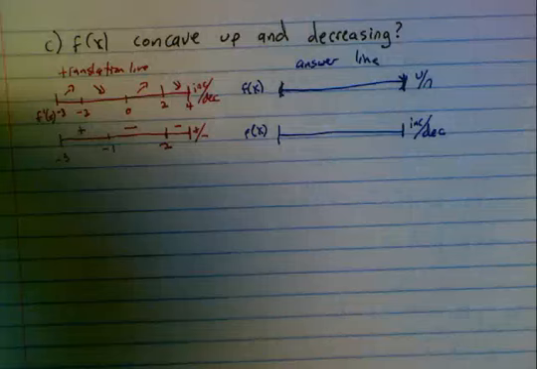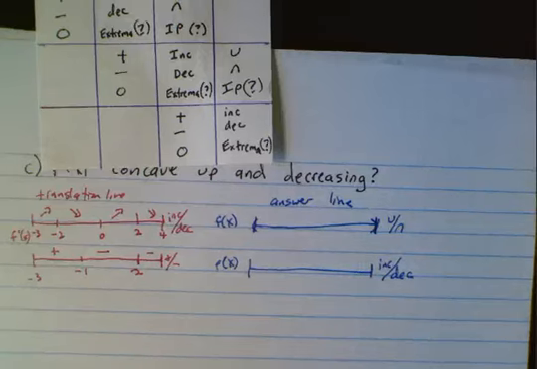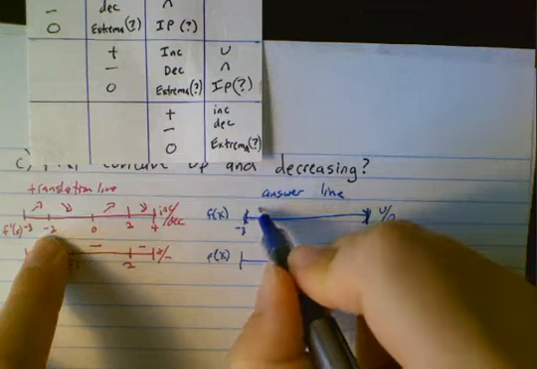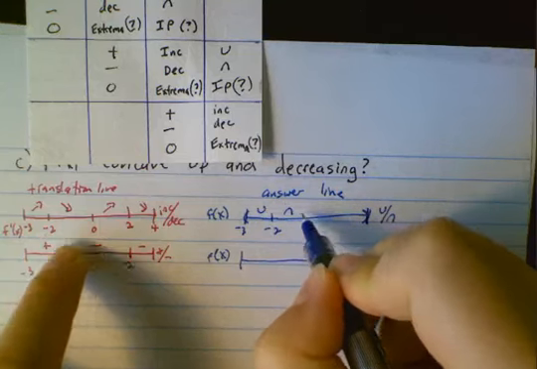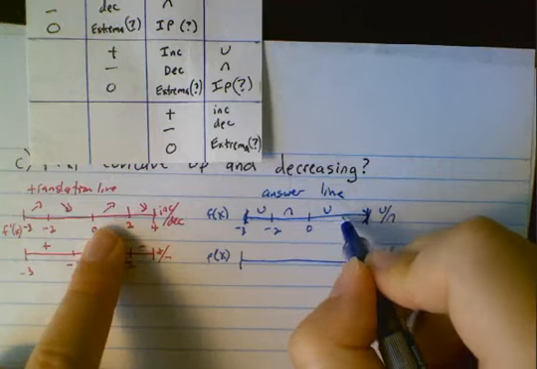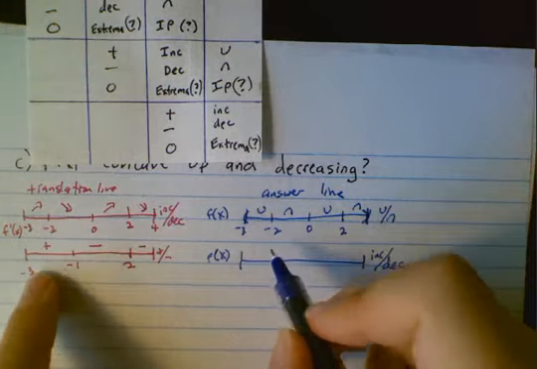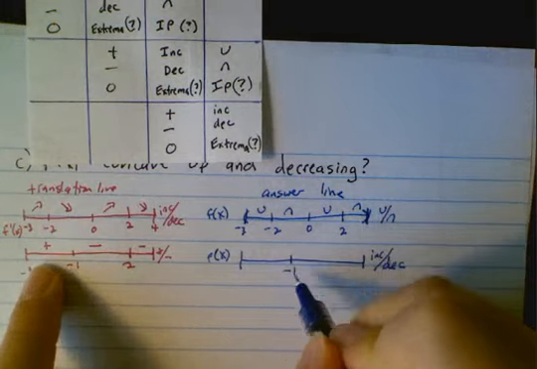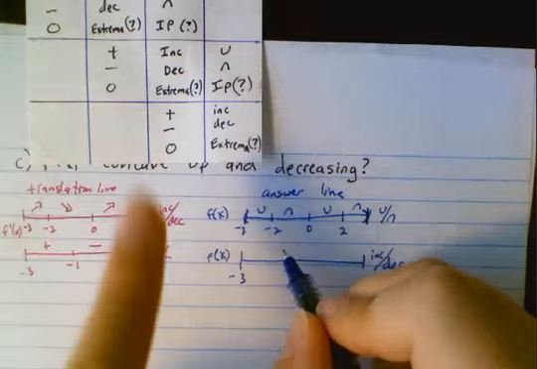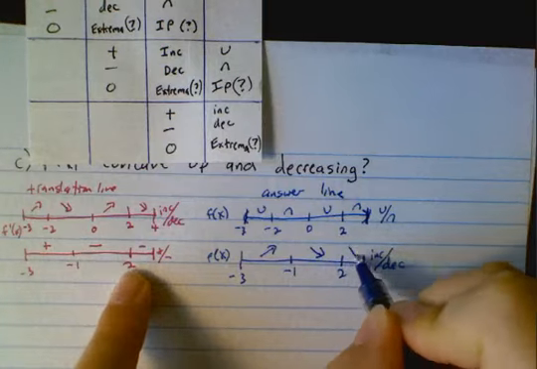So now let's go ahead and do our little translations. Increasing to concave up, decreasing to 0, decreasing becomes concave down, right like that. And then from -3 to -1, positive, negative. Positive becomes increasing, negative becomes decreasing.